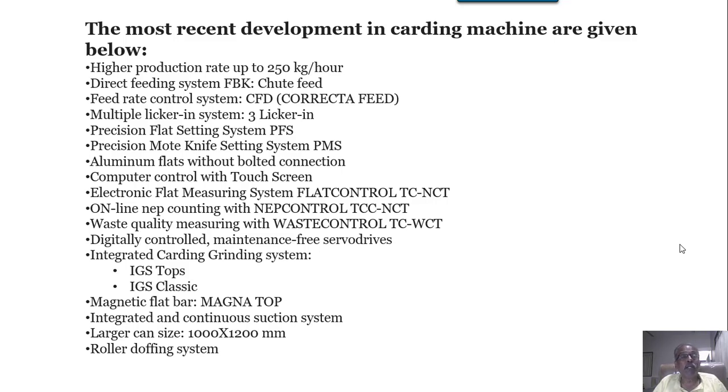Feeding system, FBK chute feed system, feed control system, Correcta Feed to regulate the feeding system, multi-liquoring system to control fiber openness, precision flat setting PFS, precision moat knife setting PMS, aluminum flats without bolted connection, computer control with touchscreen, electronic flat measuring system, flat control, online NEP counting, NEP control NCT, waste quality measurement system with waste control WCT, digitally controlled maintenance system, servo drives, integrated card grinding systems, IGS Tops for flats, IGS Classic for the cylinder, magnetic flat bar Magnatop, the integrated continuous suction system, larger can sizes 1000 by 1200 millimeters, and roller doping system.